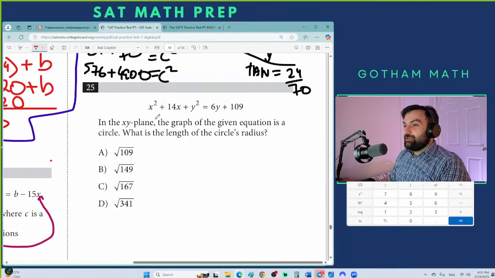I'm seeing a circle question. And just like in linear equation questions, a circle question just doesn't have that much there to make you stumble even a little bit. So let's see what's happening here.